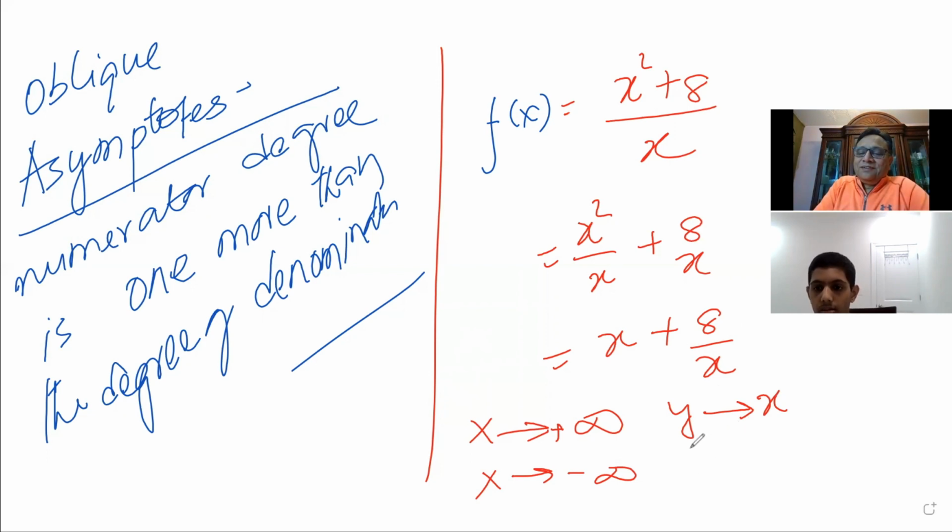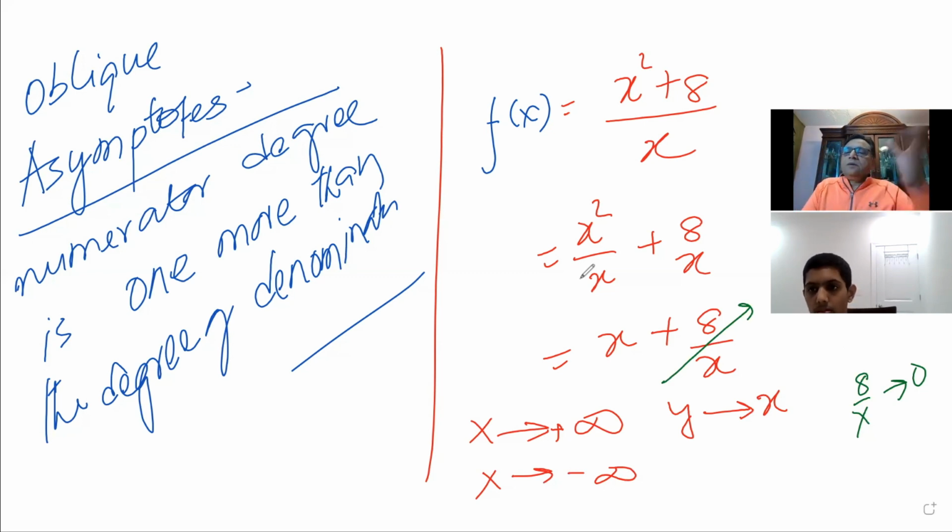When x approaches infinity, 8 over x approaches 0. Is that clear to you? So this term approaches 0, so the function approaches x. If x is positive, it approaches positive infinity. If x is negative, it approaches negative infinity. Does it make sense to you?